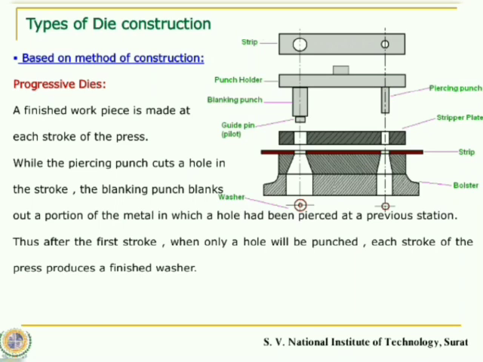So after the first stroke there is only one hole which is punched, and after the movement of the strip further, a finished washer is obtained from each stroke of the press.